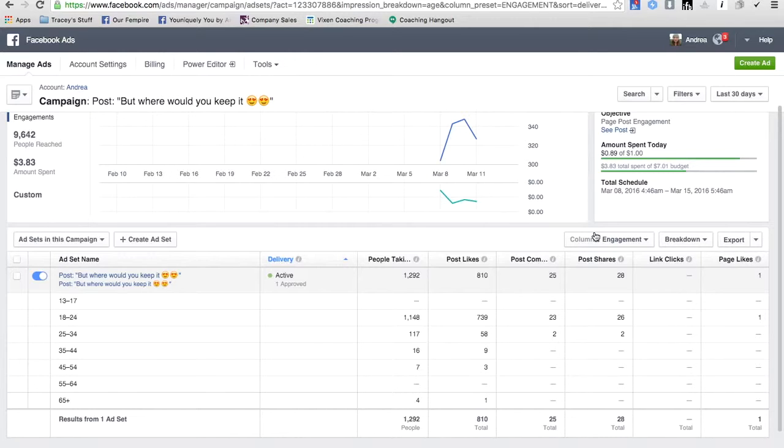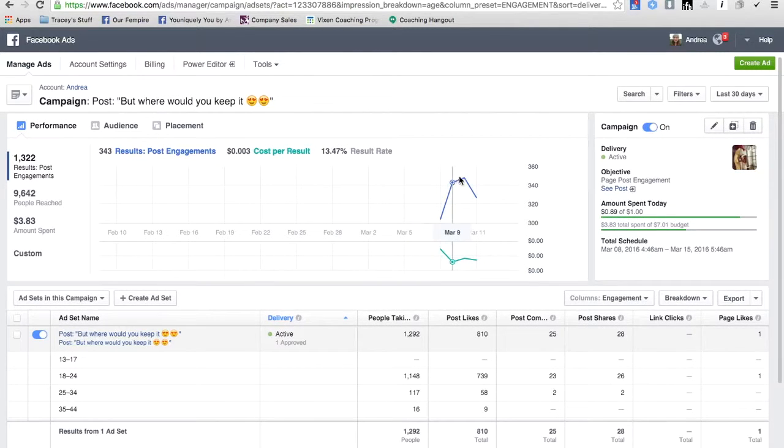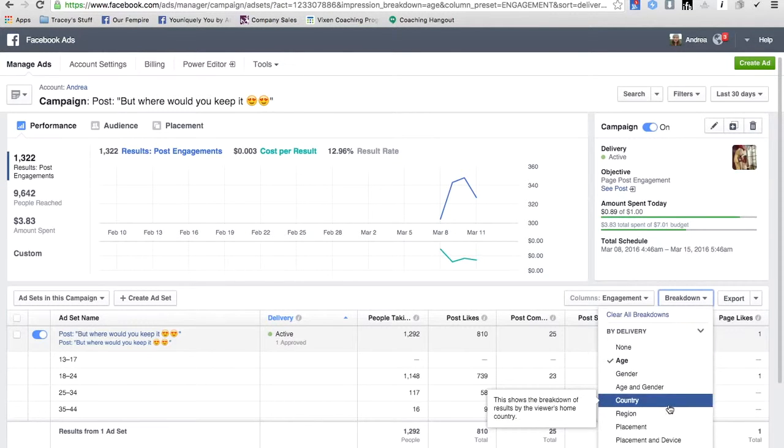And when we get into our product ads next, what determines, again, in my opinion, the success of those ads are the relationships you're building and potential sales that are coming off of those product ads. So that's your breakdown. This is how you're going to come in and look at your ads and see really how your money is being spent, where it's going, because I can also break it down by country.